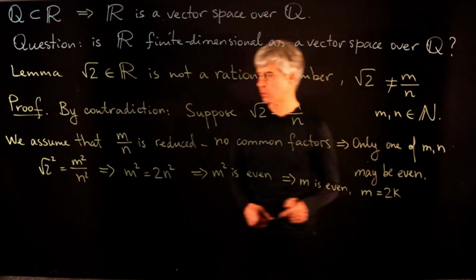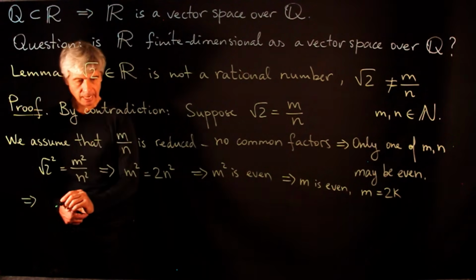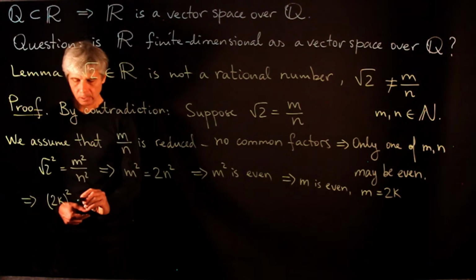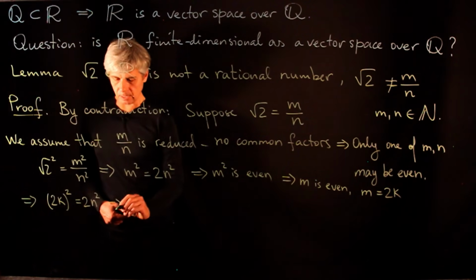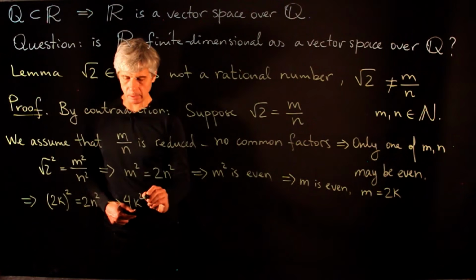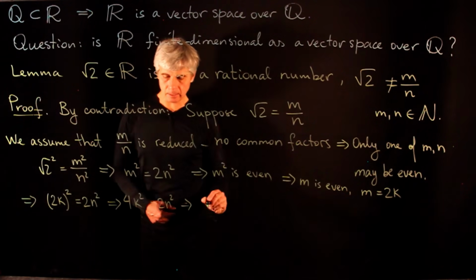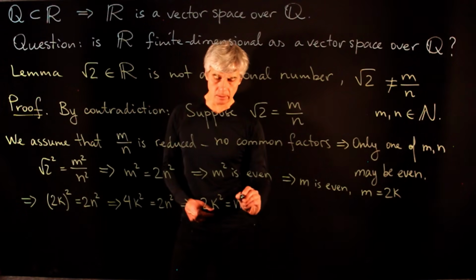So now let's substitute this into this equality. So from here we get that 2k squared is equal to 2n squared. So this is 4k squared is equal to 2n squared. And then this tells us that 2k squared is equal to n squared.